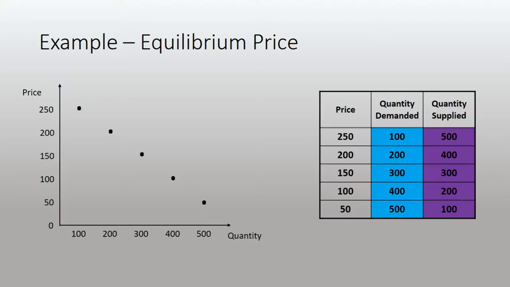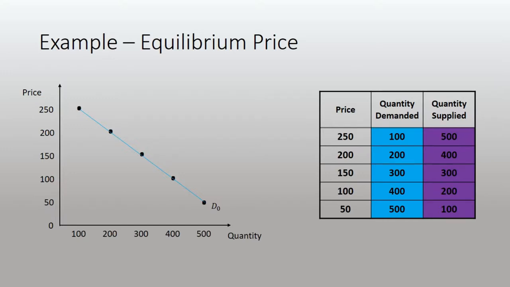We then connect all of the dots to draw our demand curve, and we remember that the demand curve is showing a negative relationship between price and demand. And don't forget to label your demand curve D0 to show the original demand curve.